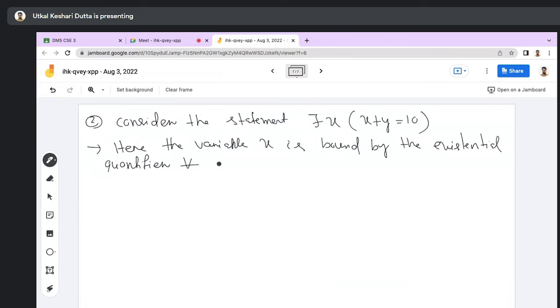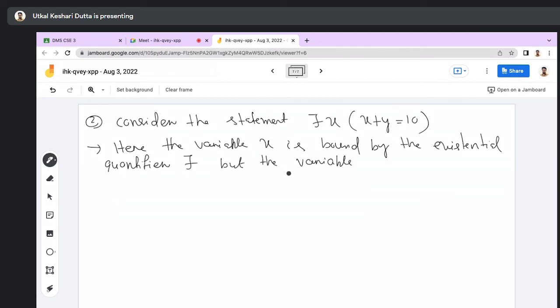For all, or not? It will be there exists. Yes, that will be there exists.